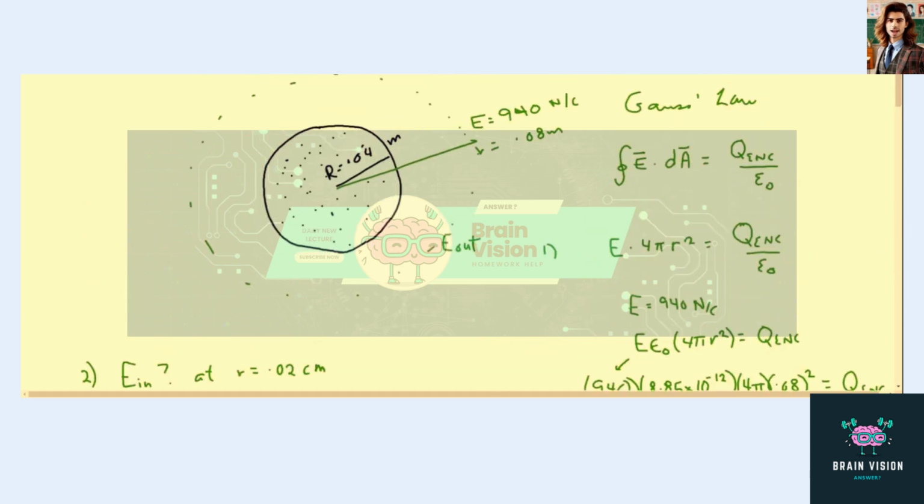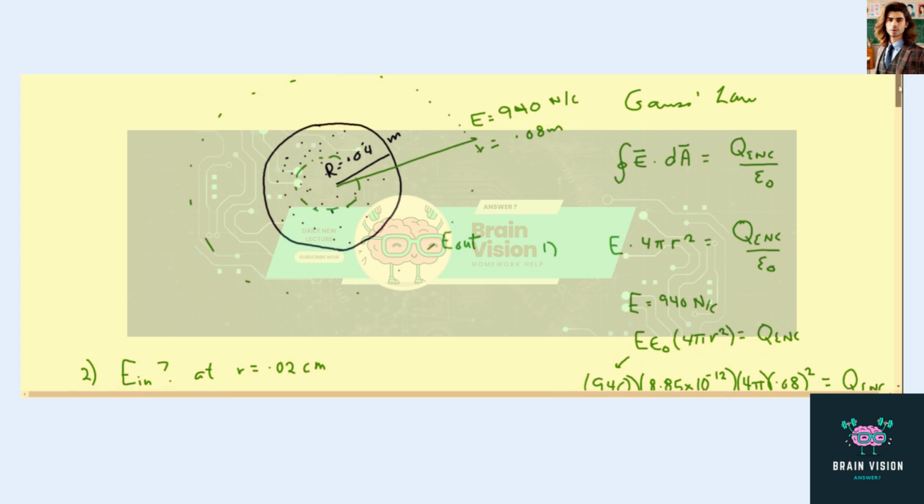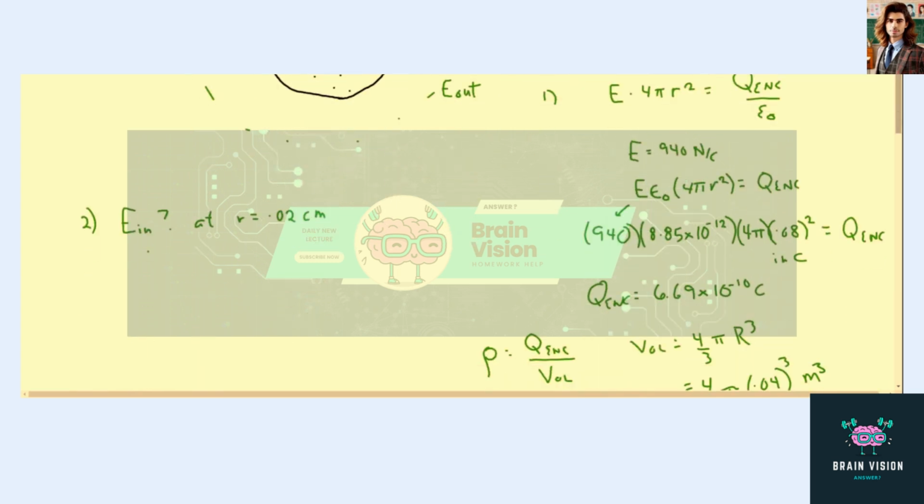The big idea is that if we draw a little Gaussian surface on the inside of this sphere, it's only going to enclose the charge that's inside of that sphere. But we're still going to use the same Gauss's law: the electric field, in particular the radial component, times 4 pi r squared is equal to the Q enclosed over epsilon naught.